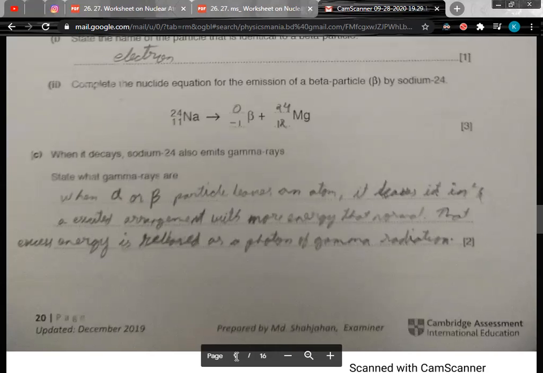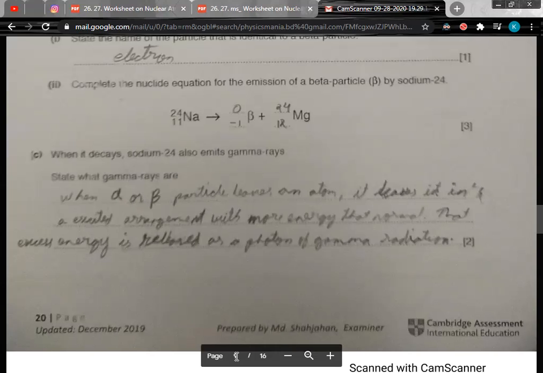Gamma rays are chargeless. This is one property. Gamma rays have high penetrating power. This is another property. So these should come here. But sir, doesn't it mean what gamma ray actually is, what it is made up of, and how it acts?